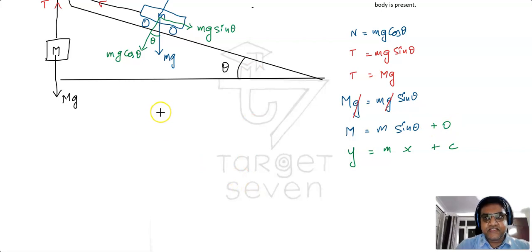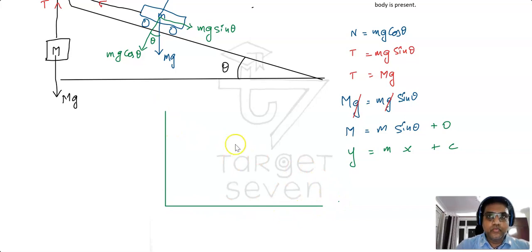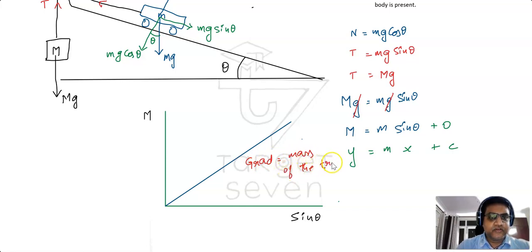So if we carefully consider plotting a graph with sine theta along the x-axis and the mass that is being suspended along the y-axis should yield us a line passing through the origin, and the gradient of the line here, the gradient should give us the mass of the trolley.